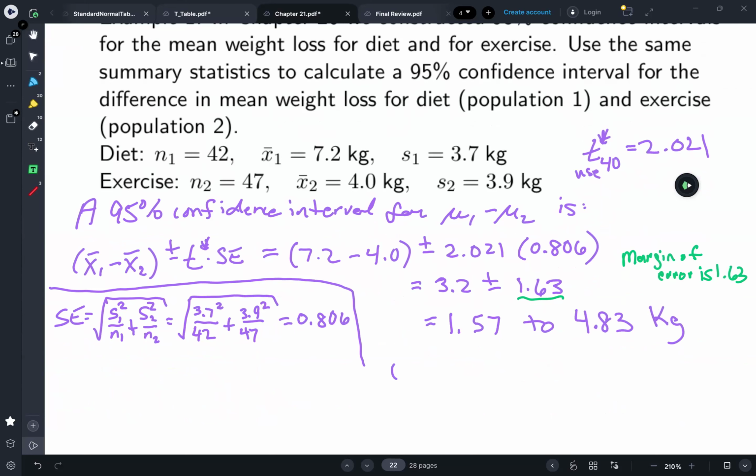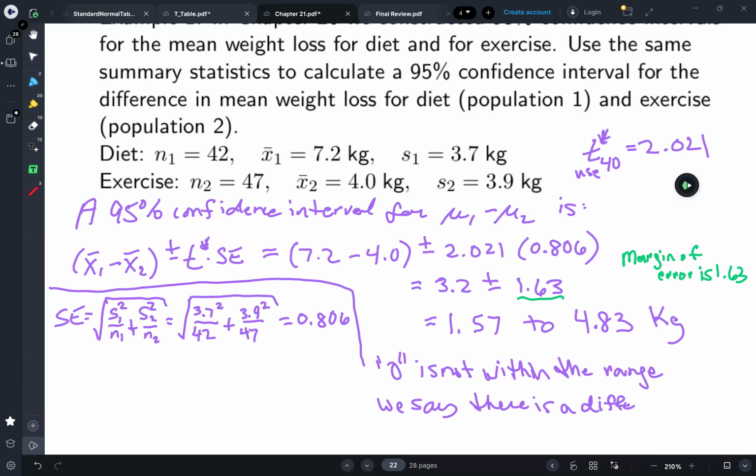Zero is not within the interval range. We say there is a difference between diet and exercise.